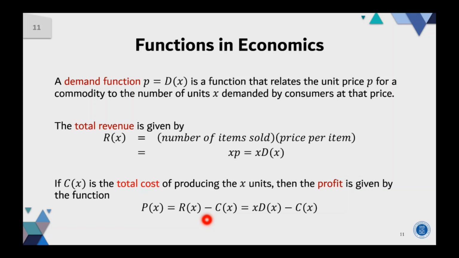This function relates the unit price p with the number of units demanded at that price. Yeah. So usually if the price gets high, then the demand will get low, right? Yeah. That's the usual way, but sometimes it differs. Okay, so that's the demand function.